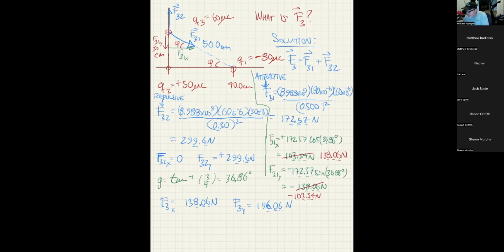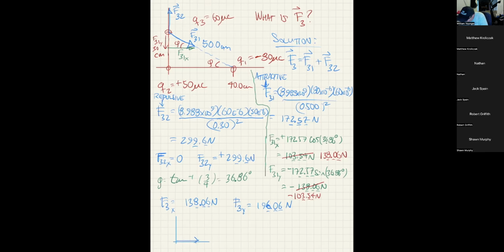So now what we want to do is reconstruct that vector. And I'm going to do it this way. Here's my y-axis, and here's my x-axis. And I'm going to say that my force in the x direction is 138, which will be right about there.